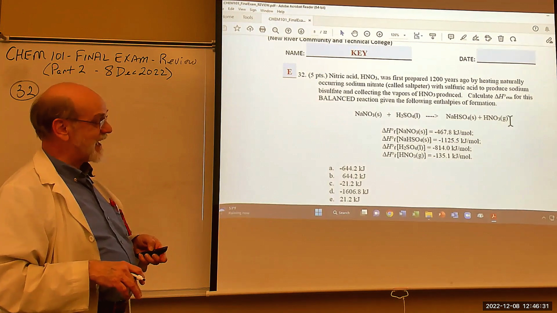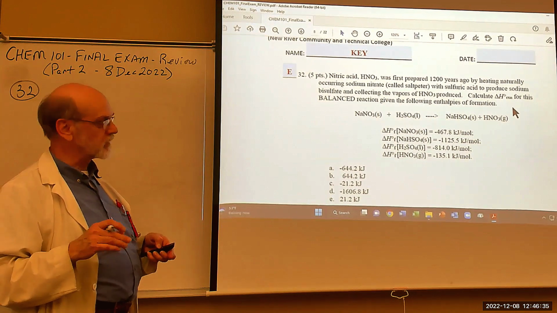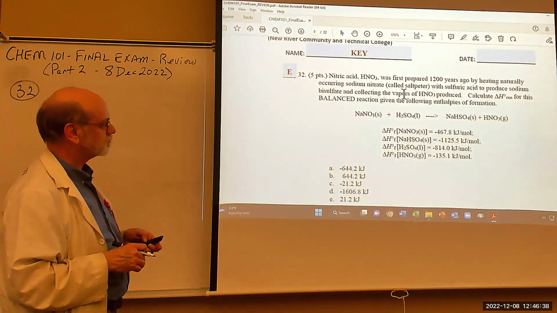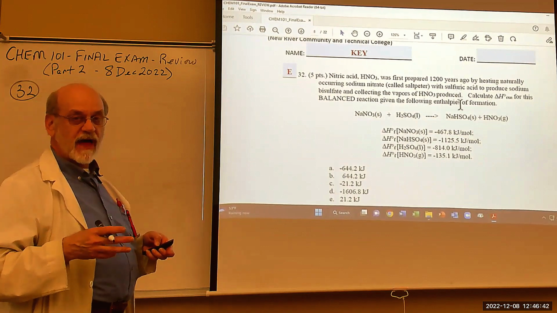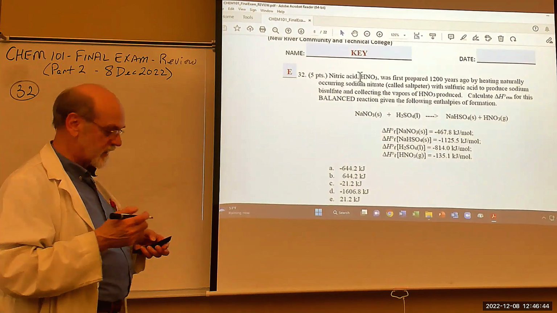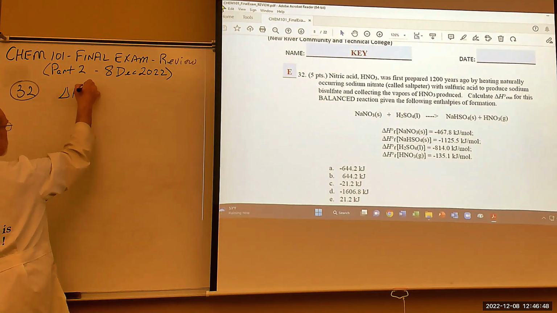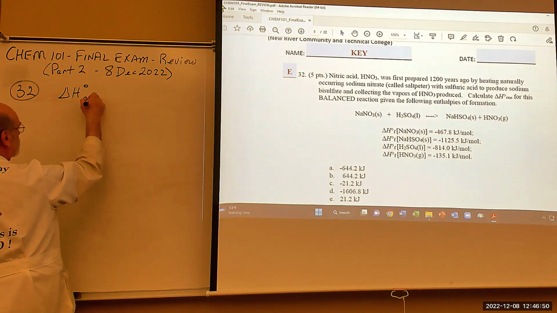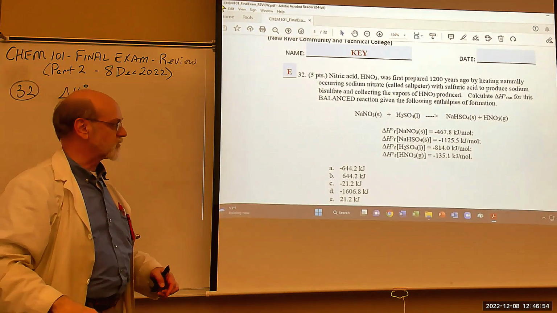And it comes off as a gas, so you have to cool it down so it'll condense. Calculate the standard enthalpy for this reaction. That's what delta H with that little zero is, the standard enthalpy for the reaction.